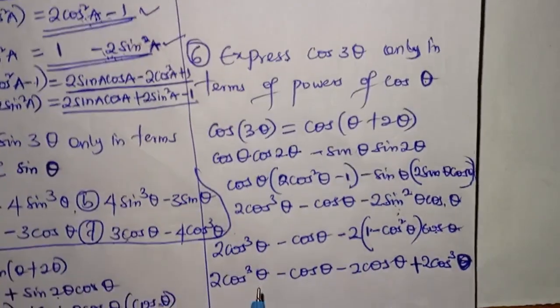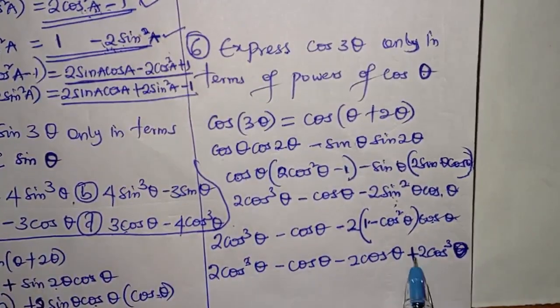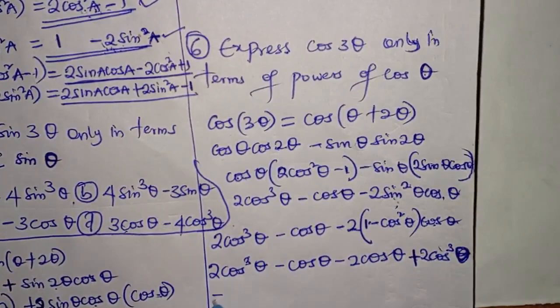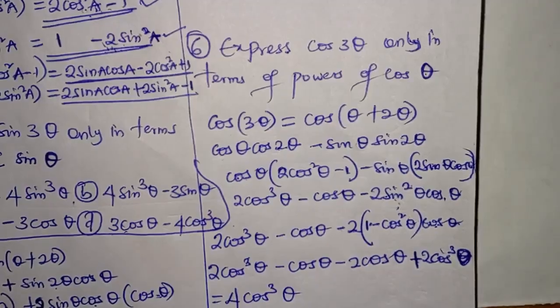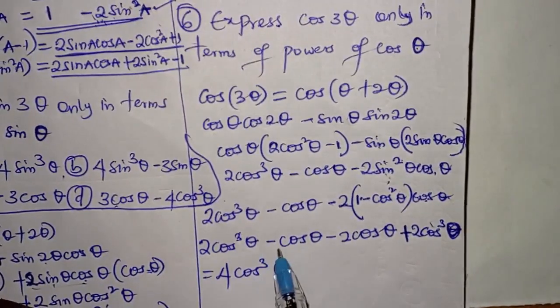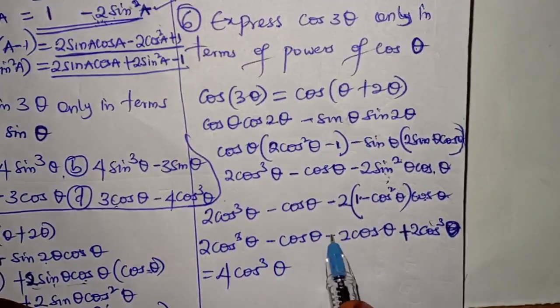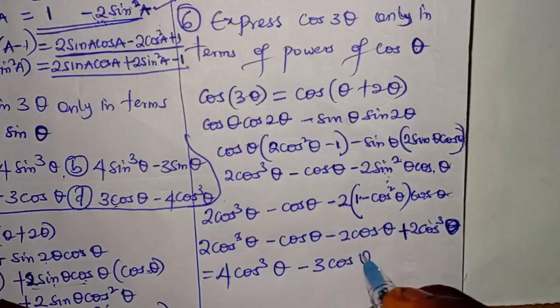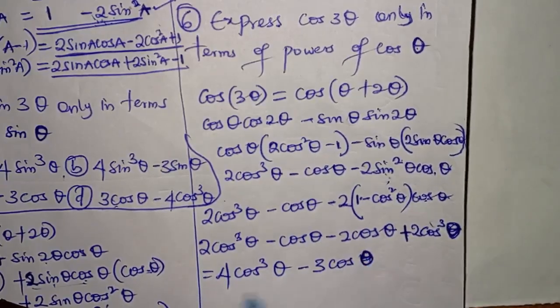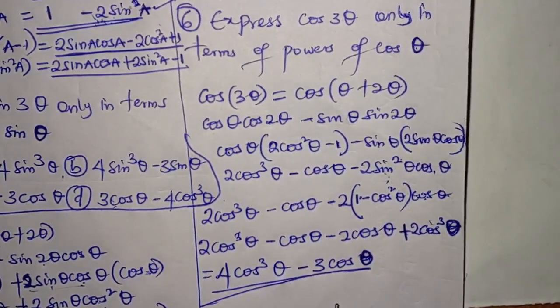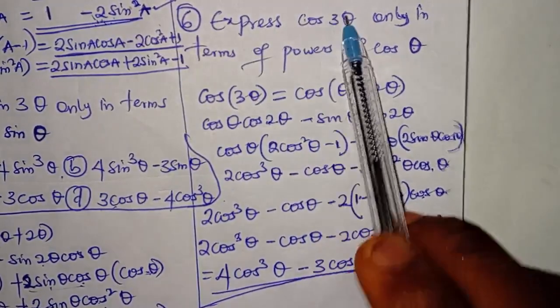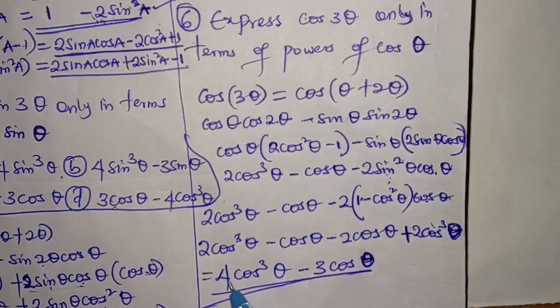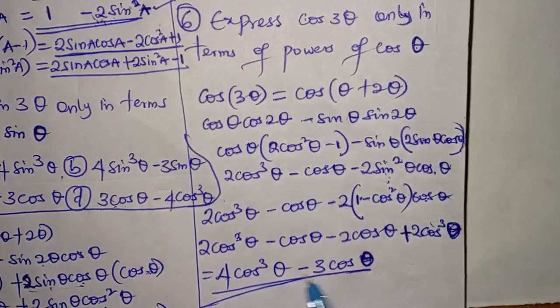So 2 cos cube theta plus 2 cos cube theta will be 4 cos cube theta. And minus cos theta minus 2 cos theta is minus 3 cos theta. So in terms of cosine terms only, cos 3 theta is equal to 4 cos cube theta minus 3 cos theta.